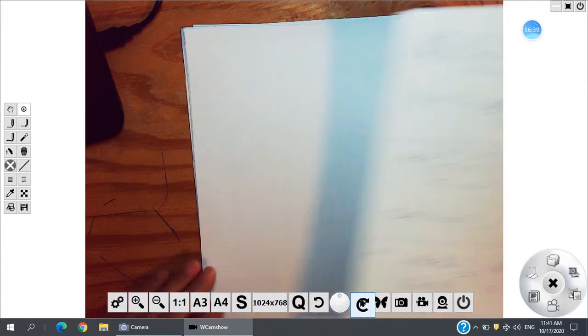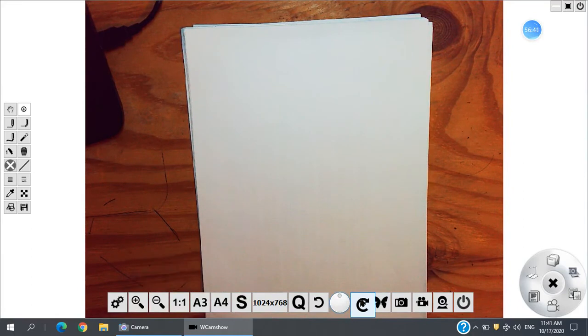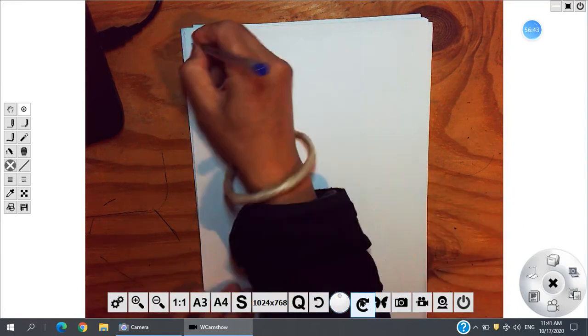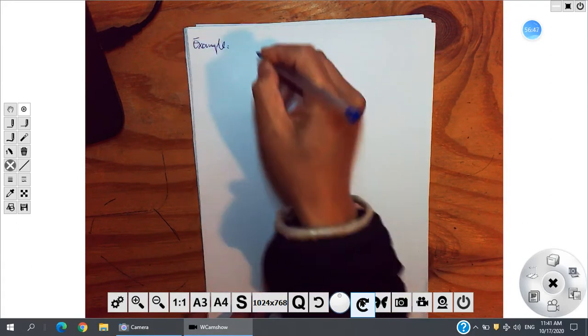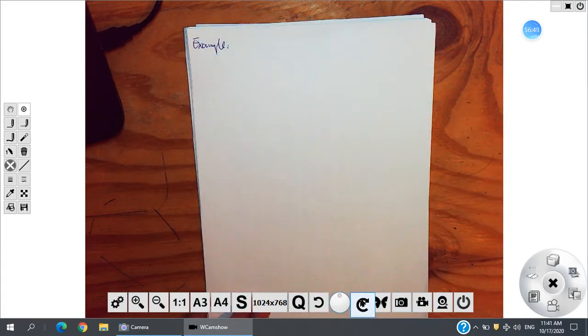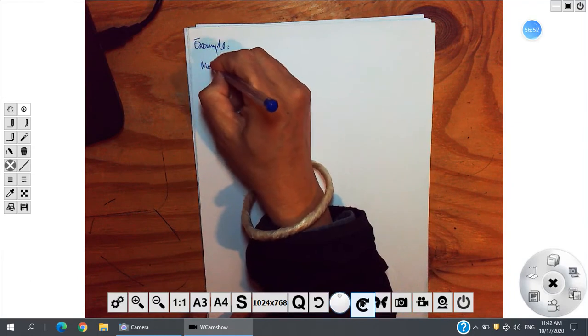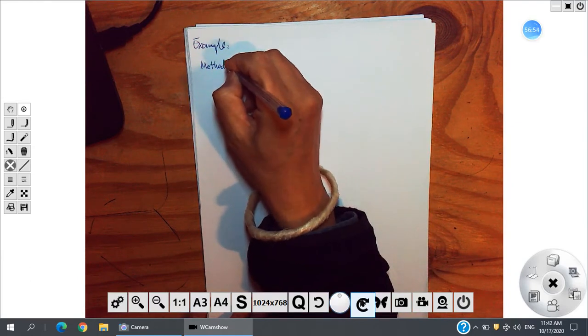Okay, now we consider the fourth way. Another example. This is method 4.